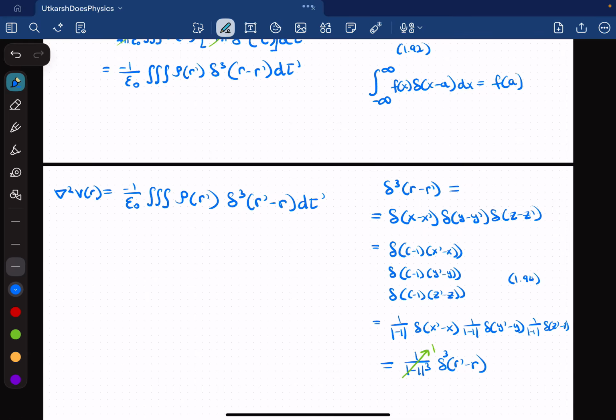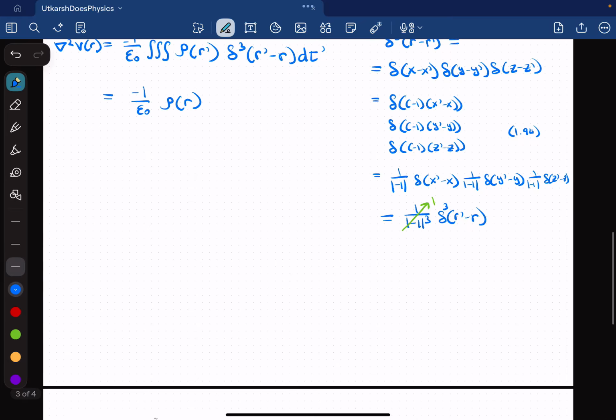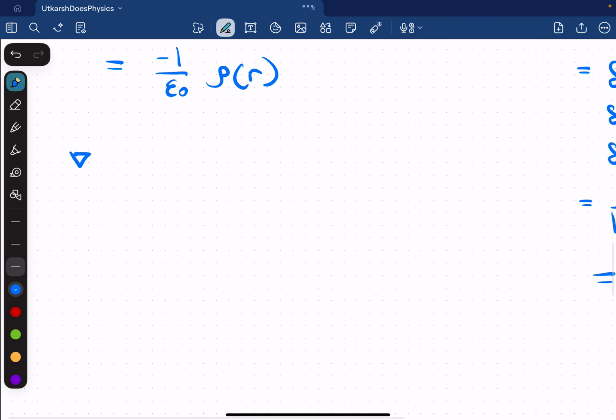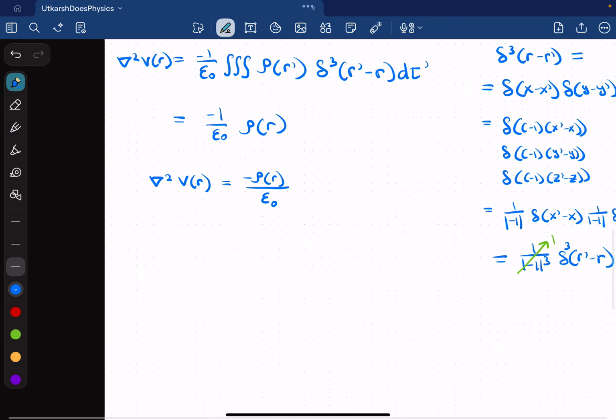And when we do that, we find that this is actually equal to minus 1 over epsilon naught rho of r. The integral is now gone, which gives us the actual final answer that we're looking for, which is that the Laplacian of this potential is equal to just the negative density divided by the permittivity of free space.